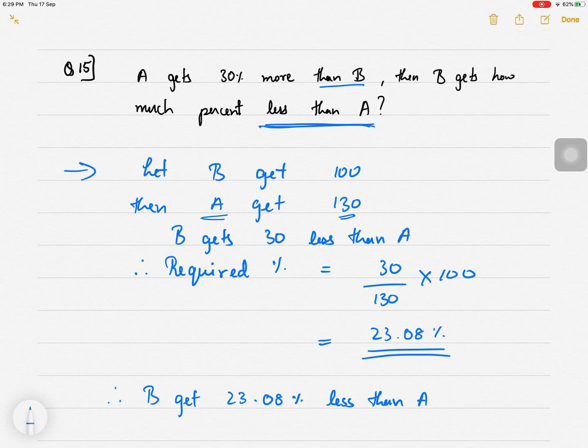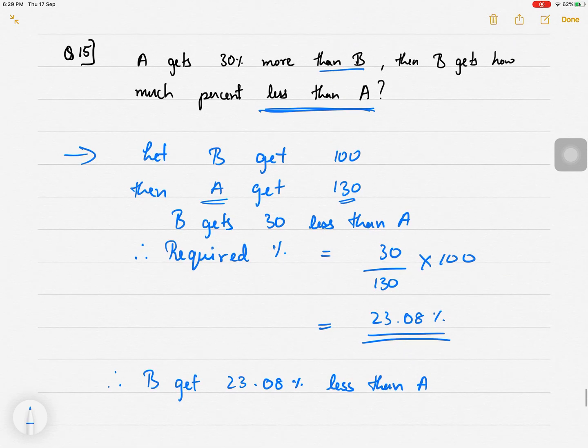Therefore, required percent is equal to 30 upon 130 into 100. It comes to 23.08%. Okay.